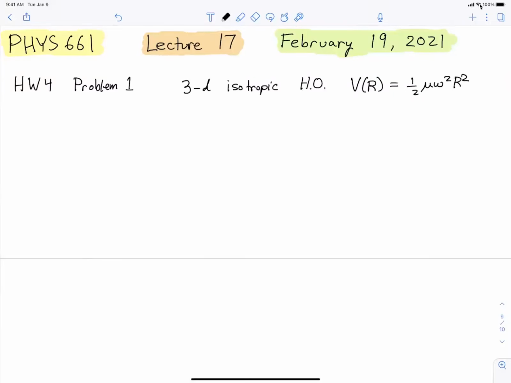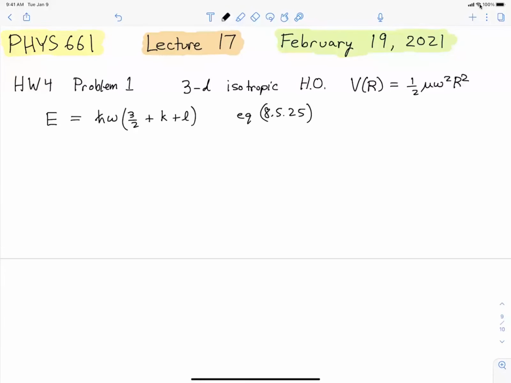And so before doing it, let's remind ourselves of what the exact answer is supposed to be, so that you can go from looking back in the notes from last semester. And so the energy levels are h bar omega times 3/2 plus k plus L. And this is equation 8.5.25 in the notes.